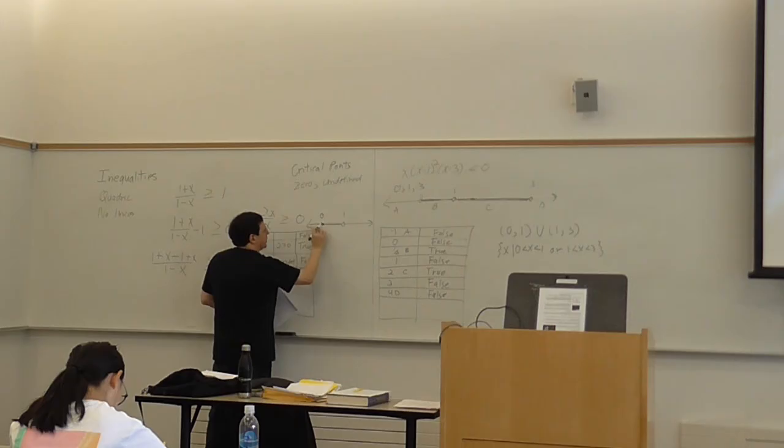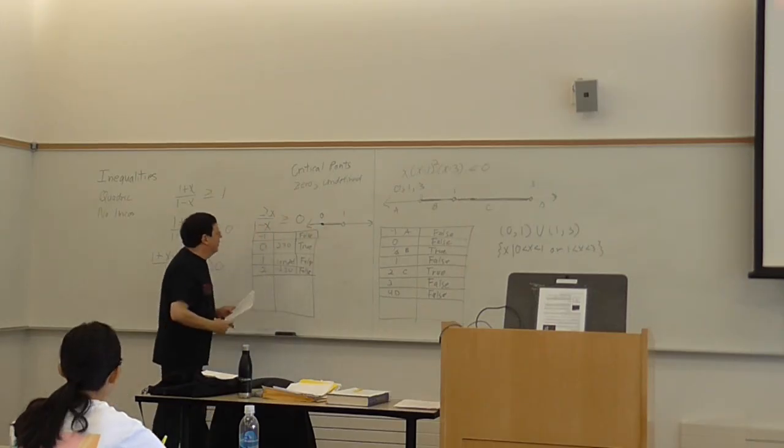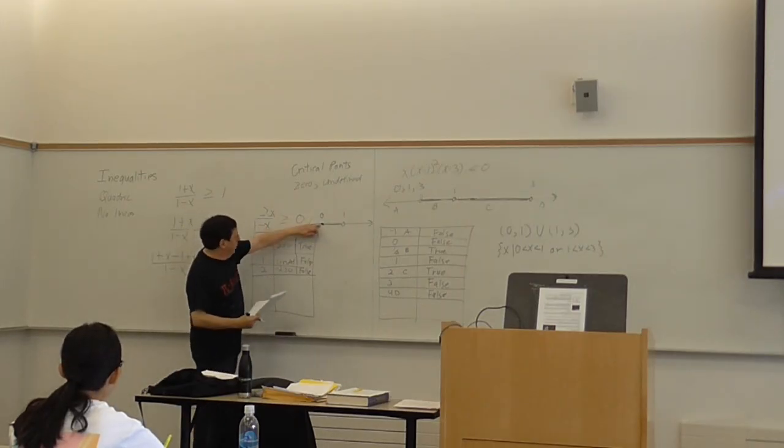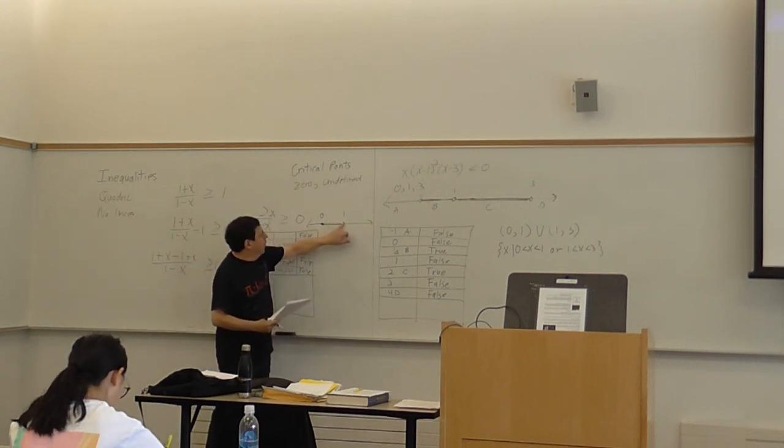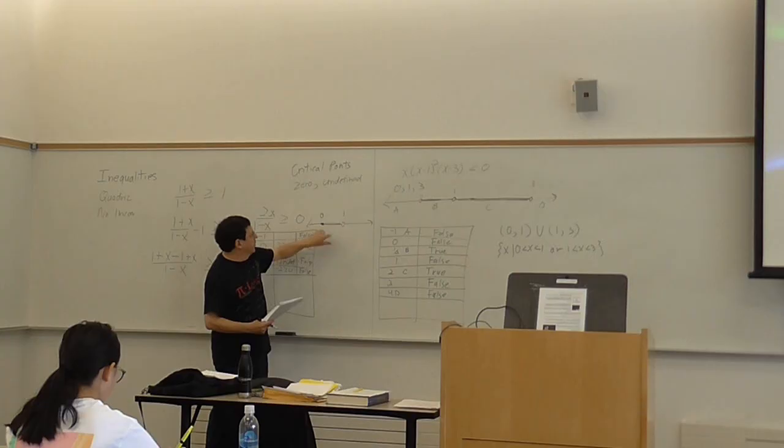I didn't do this very well. I apologize. So basically, I have this region here, nothing. This region here, nothing. 1 is excluded, and this region from 0 to 1 is included.